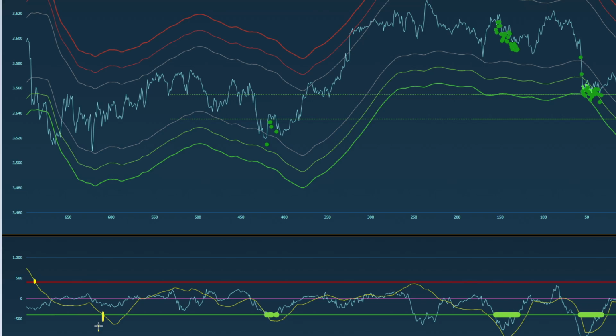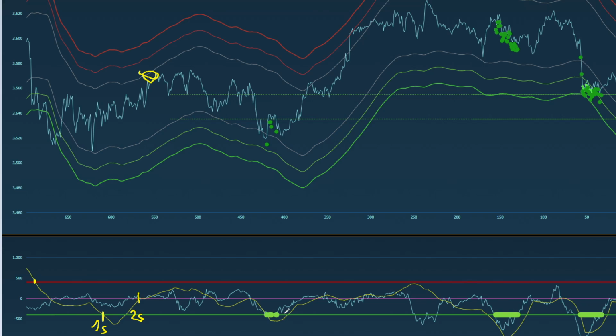So number one, short, right? Number two, short, is where you start looking for shorts, right? So it's somewhere here, right?